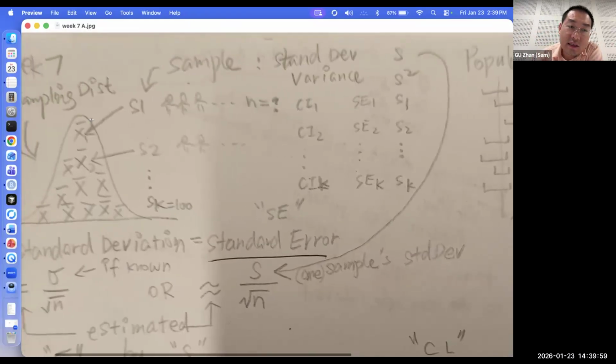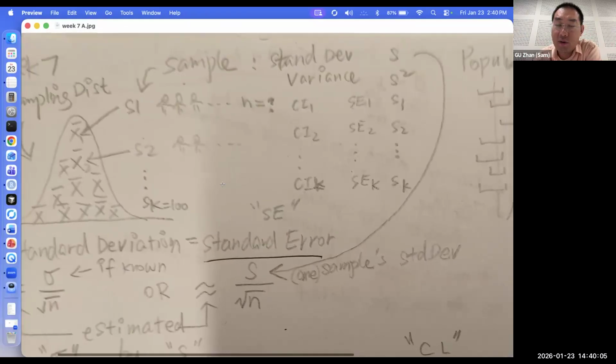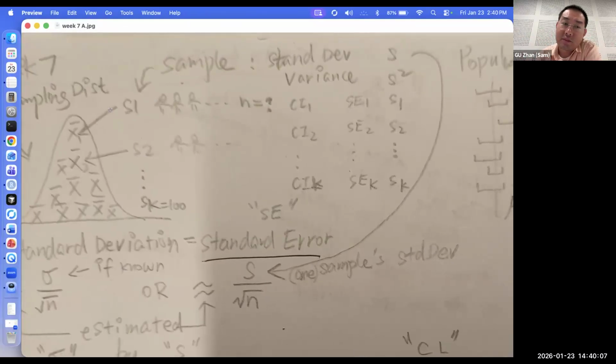So here in this example, you have S1, S2 till Sk. You have 100 sample means. But in reality, most of times you will only have one sample mean, which means you only have one sample. One sample, you have n measurements, n individuals drawn from the population.